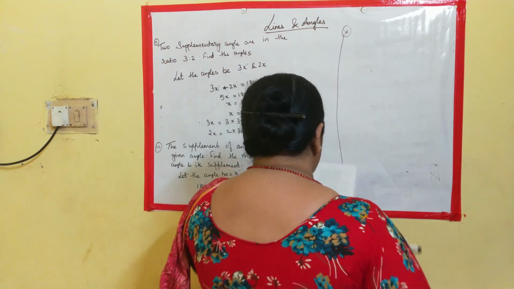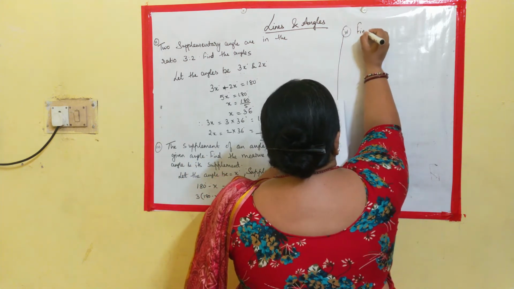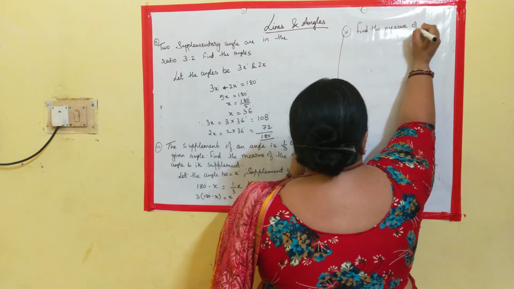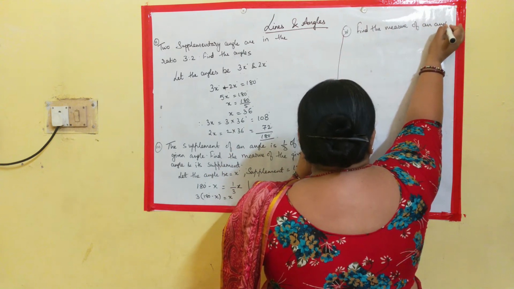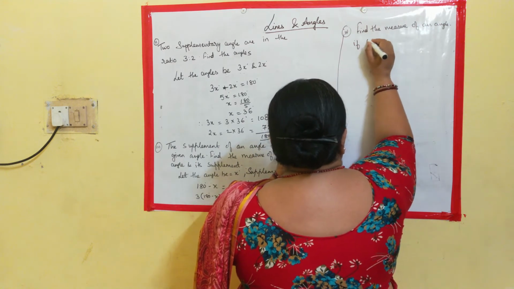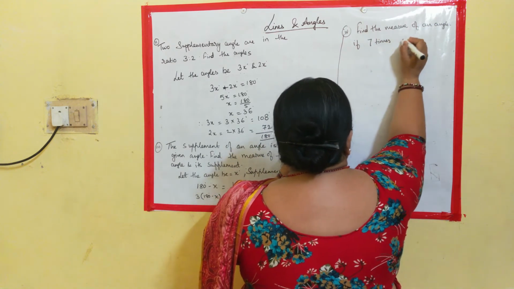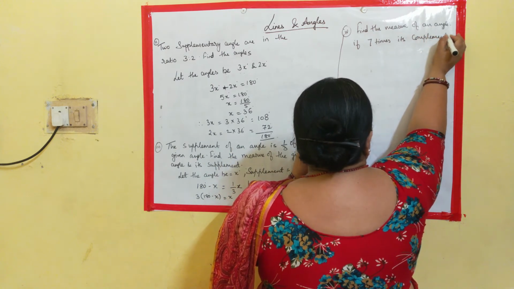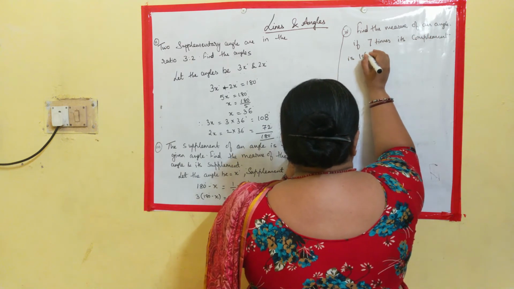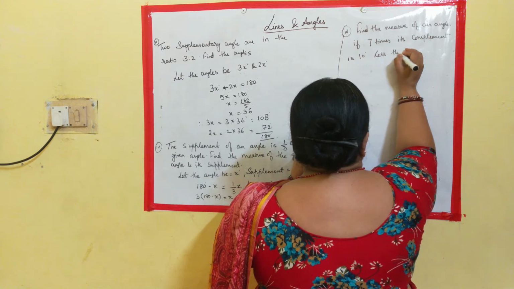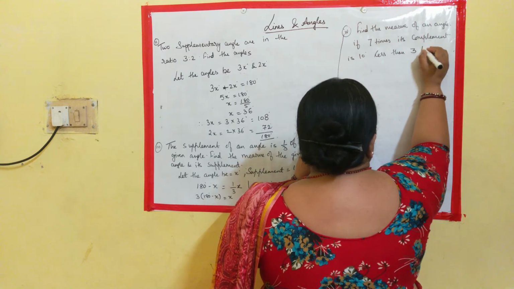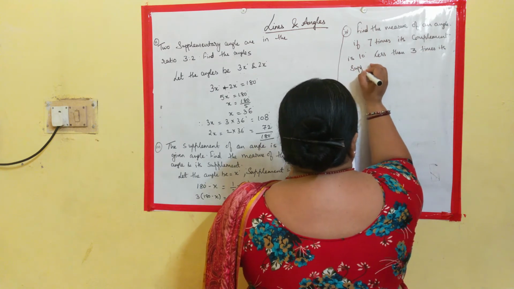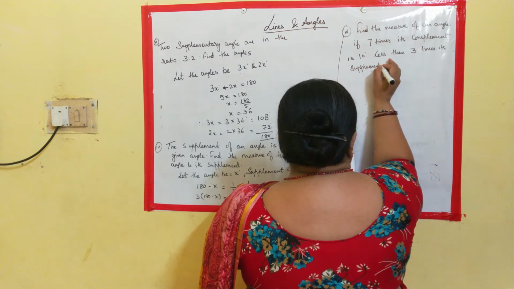Now, the fourth example is: find the measure of an angle if 7 times its complement is 10 degree less than 3 times its supplement.